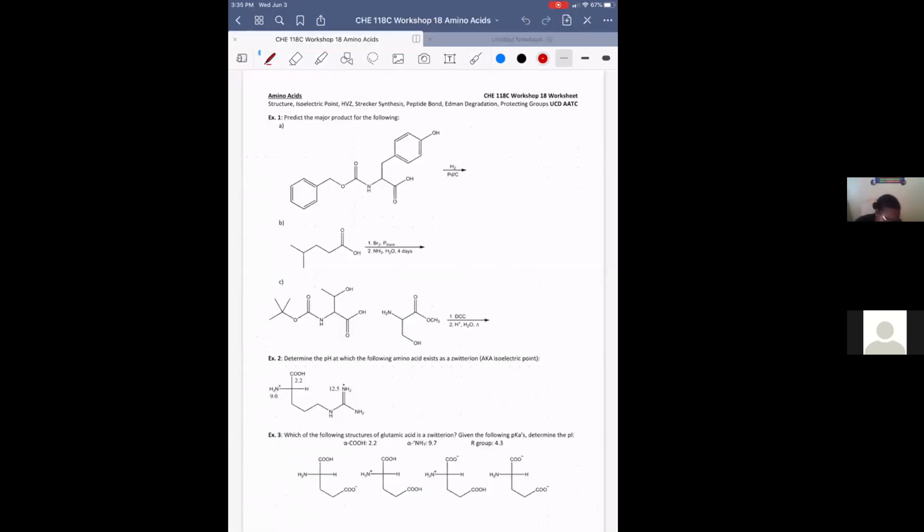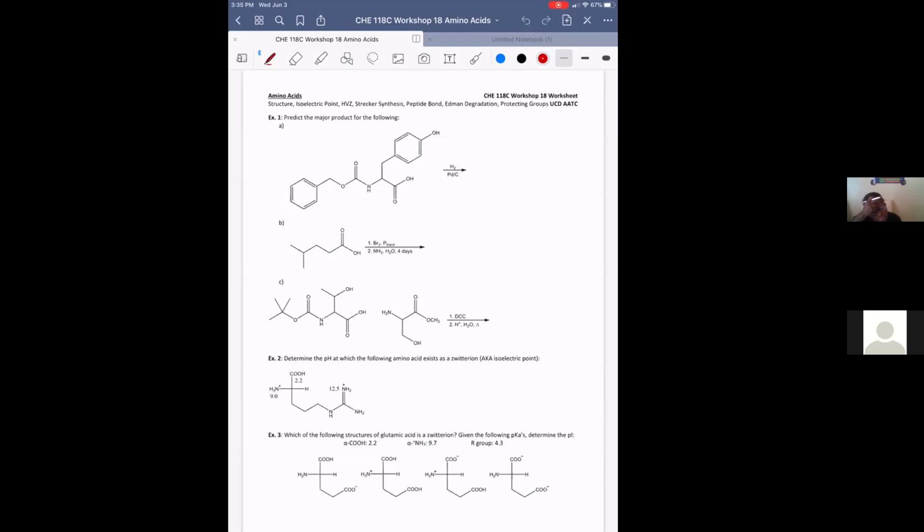Now let's go to the workshop and try that out. In example 2, we want to determine the pH for the following amino acid where it exists as a Zwitter ion, which is the isoelectric point. So the isoelectric point is our Zwitter ionic value, and we want to get the pH for that.